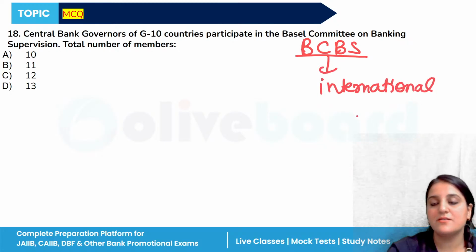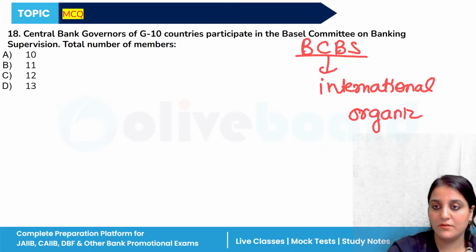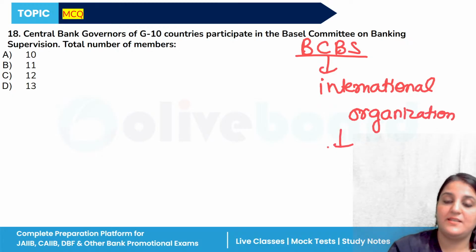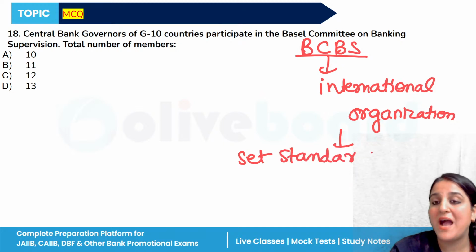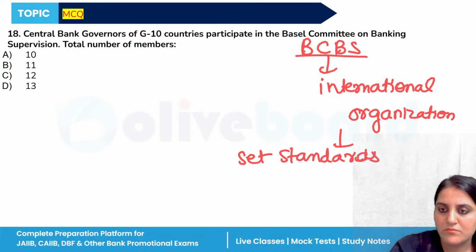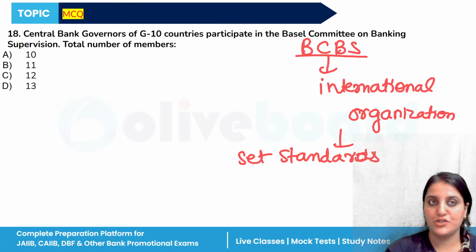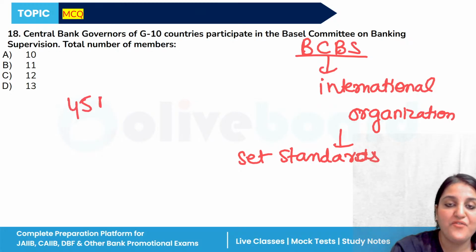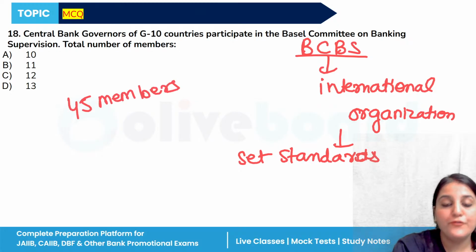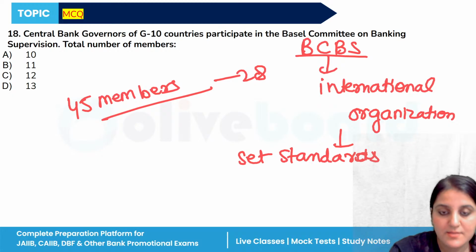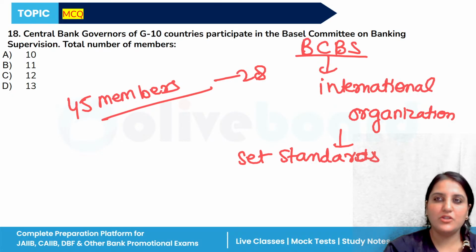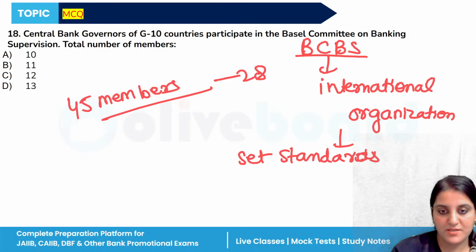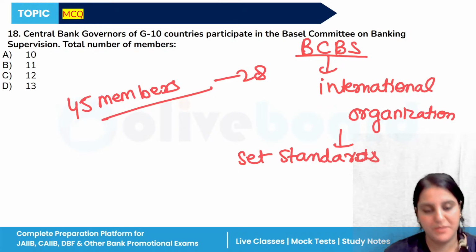It sets the standards for banking supervision and regulations globally. The Basel Committee comprises 45 members from 28 jurisdictions, consisting of the central banks and authorities with formal responsibility for the supervision of banking business.